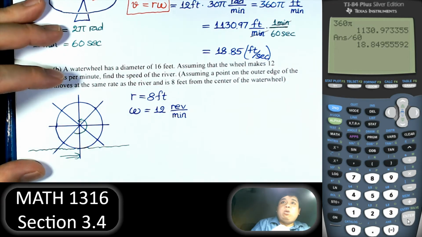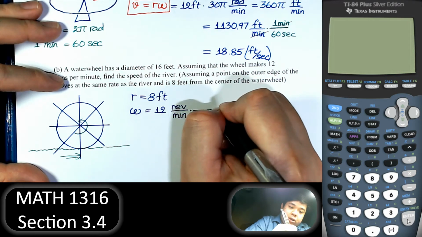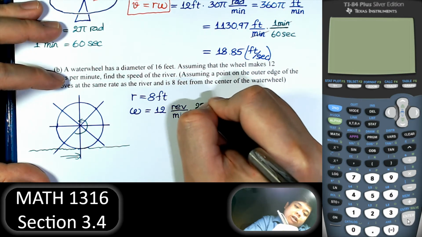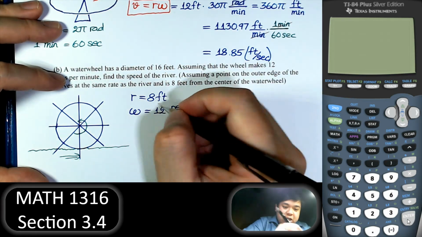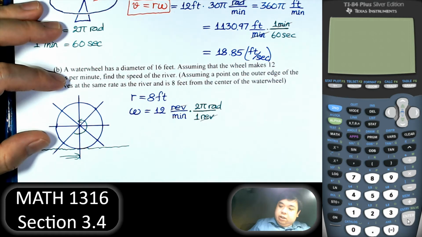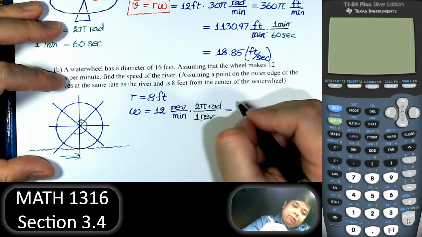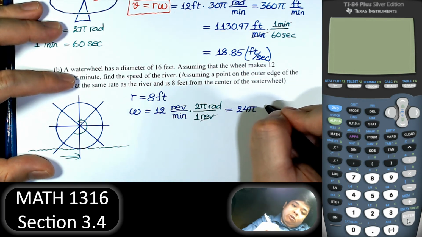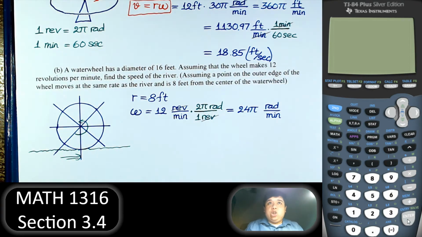Once again, that is not a very useful way to calculate, so we'll use 1 revolution equivalent to 2 pi radians. Cancel out the revolution. We have 12 times 2 pi, which is 24 pi. That will be radians per minute. So that gives us the angular speed.